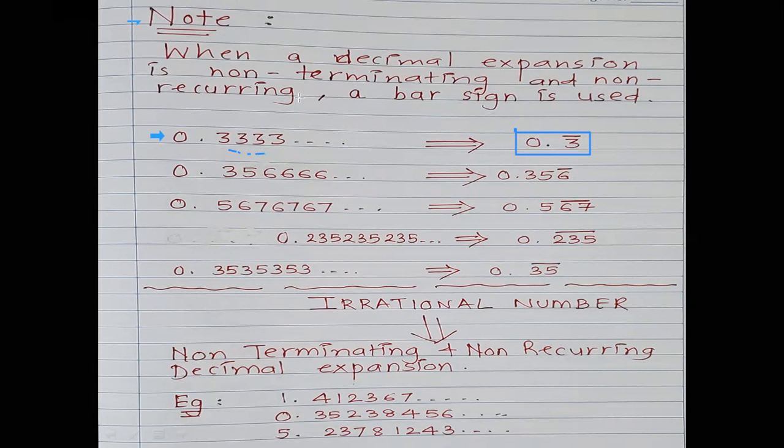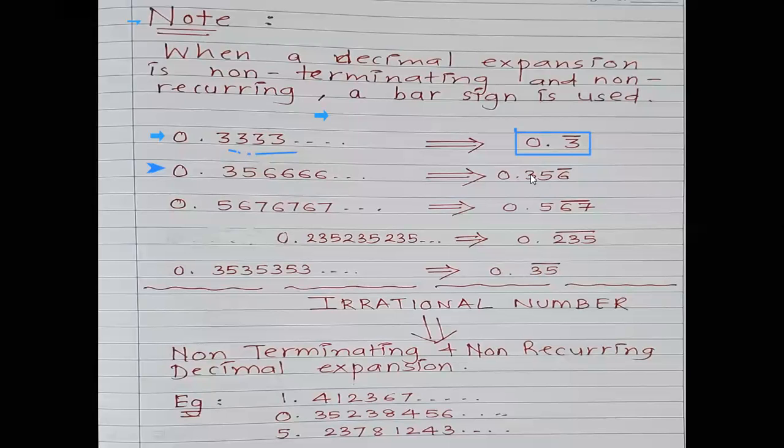Let us take the next example. Here, the number is 0.356666 dot dot dot. That means it is non-terminating and recurring. Can you observe which is a number that is getting repeated? Yes, you got it correct. The number that is getting repeated over here is the number 6.